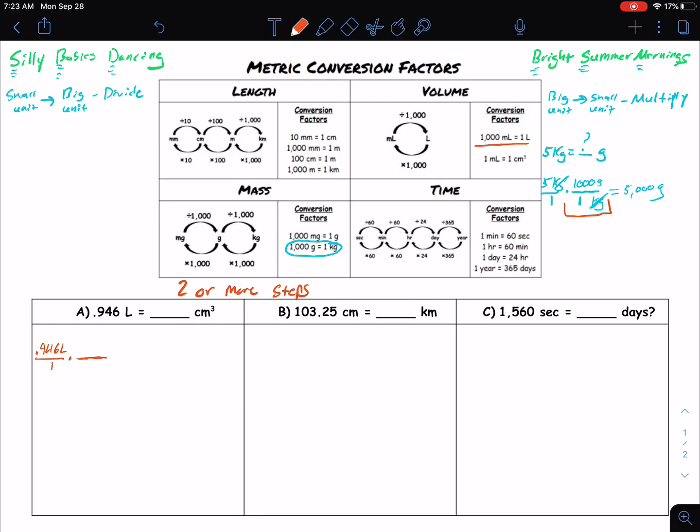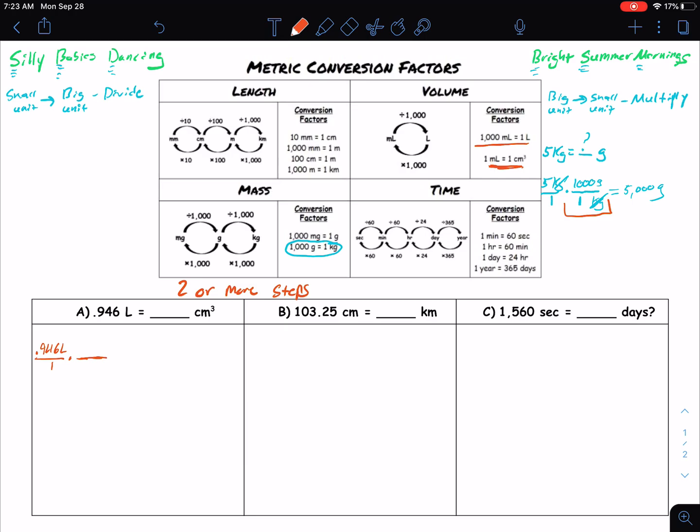No. According to our conversion factors, I can go liters to milliliters. So I can't do that in one step this time. But you can turn milliliters into cubic centimeters. And you can turn liters into milliliters. So what you have to do is go from liters to milliliters, then milliliters to cubic centimeters. You got to go through the milliliters to get to the cubic centimeters.